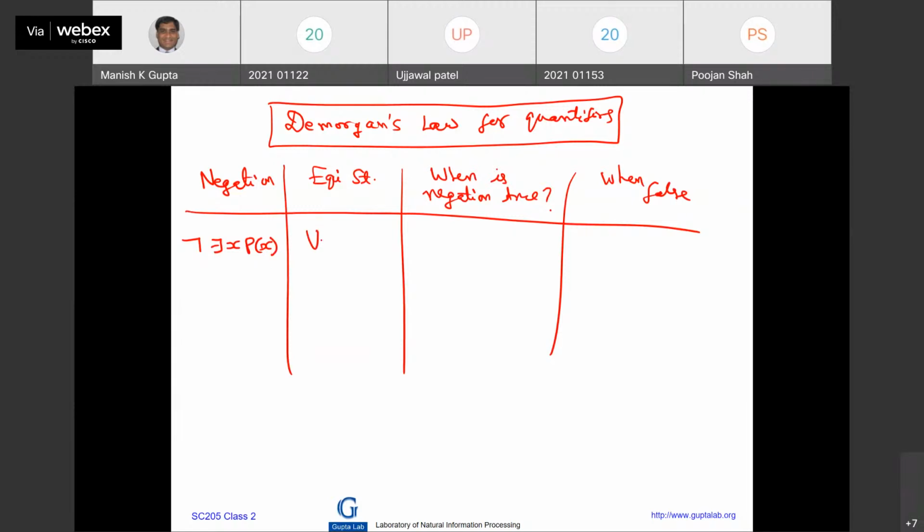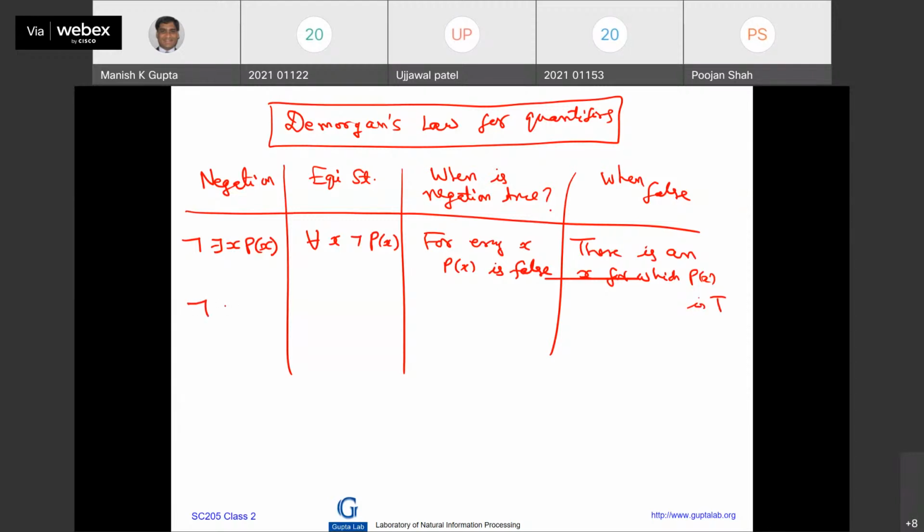Equivalent is for every x, negation of P(x). That means for every x, P(x) is false. When false, there is an x for which P(x) is true.